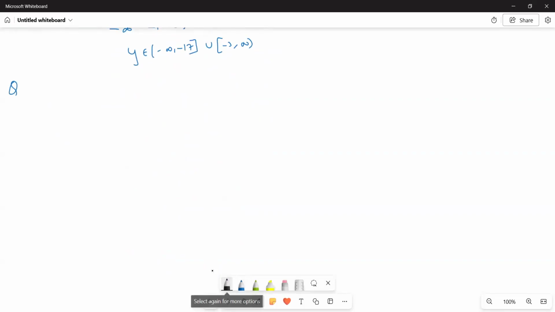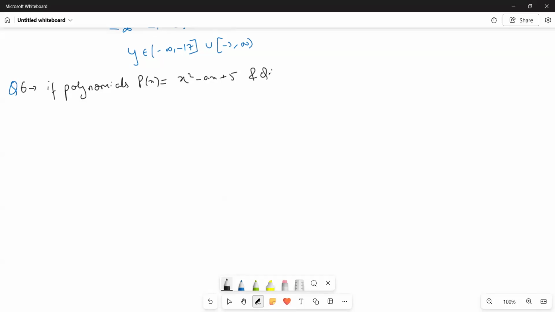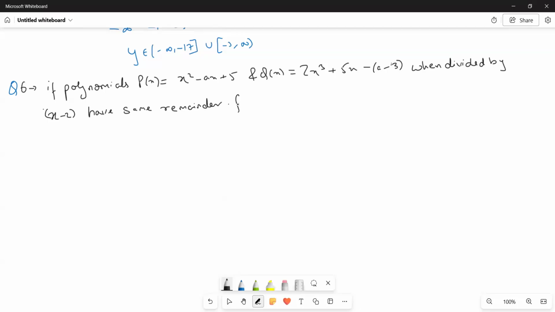Okay, next question. If the polynomials p(x), which is x square minus ax plus 5, and q(x), which is 2x cubed plus 5x minus of a minus 3, when divided by x minus 2, have the same remainder, find a.